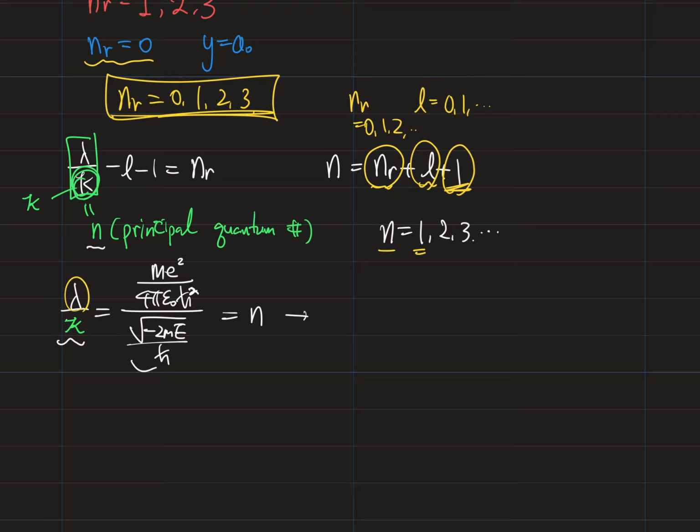And from this relation, you can define the energy E in terms of the common constants, such as the mass and the unit charge, permittivity, reduced Planck constant, and pi. So the final expression is minus m e to the fourth over 32 pi square epsilon 0 square h bar square multiplied by 1 over n square.